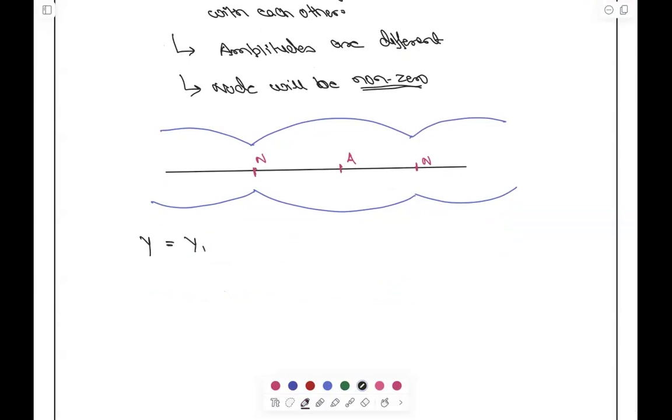So y will be y1 plus y2. Now everything will remain the same, just change y1 and y2.